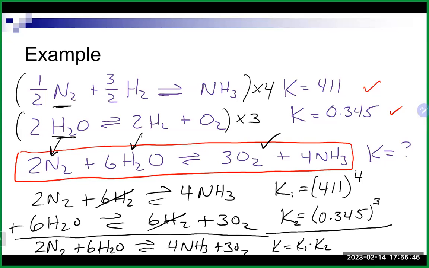And that gives me a big old number. We'll call it 1.17 times 10 to the 9. That's a pretty big number there as our K value for this equation. Any questions on that there?